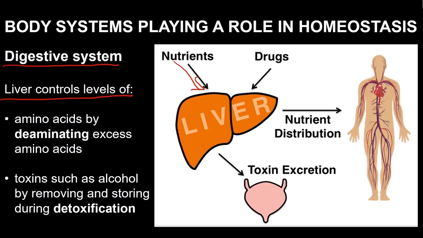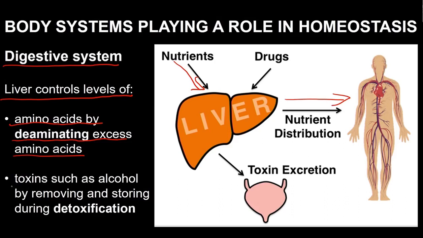So that if you've taken in, for example, too much protein, you've had a huge piece of steak, you don't need all of that, so the excess amino acids are deaminated, and only the correct amount of amino acids that your body will need, only they will go to the rest of your body in the blood.